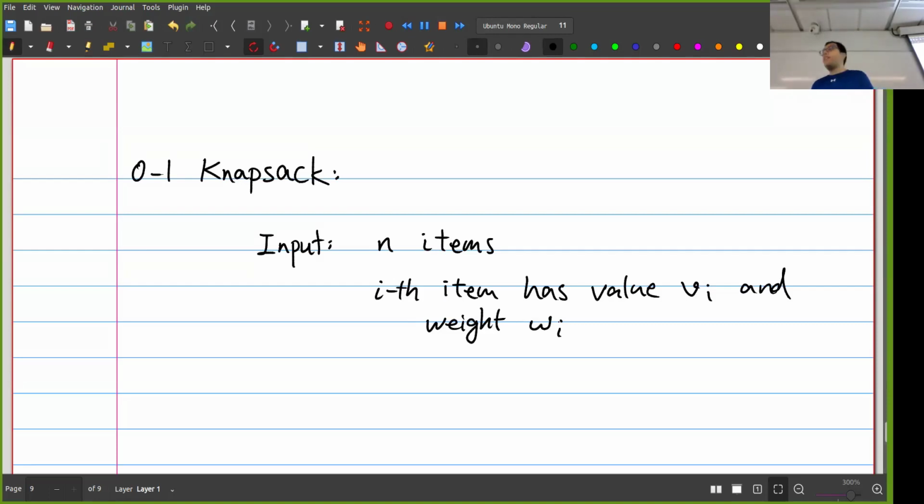Okay. And I also have a knapsack which has a limited capacity. Okay. So that's also given as input. So I have C in N, which is the capacity of my knapsack.